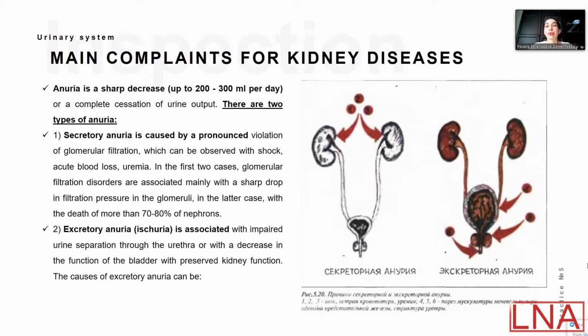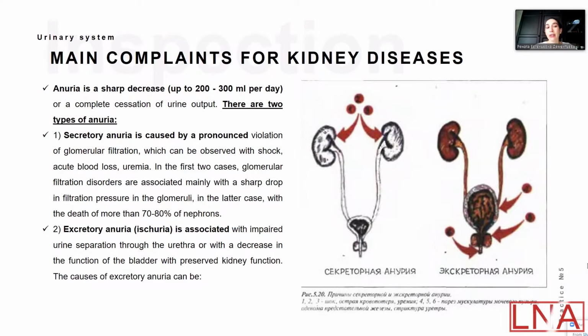The next type of complaint is anuria, a sharp decrease of urine to less than 200 to 300 milliliters per day, or a complete cessation of urine output at all. And there are two main types of anuria.